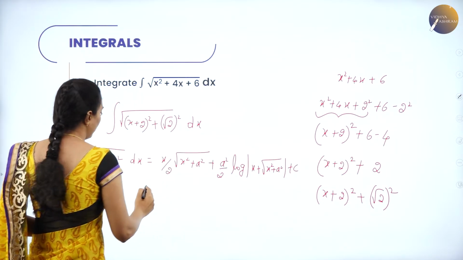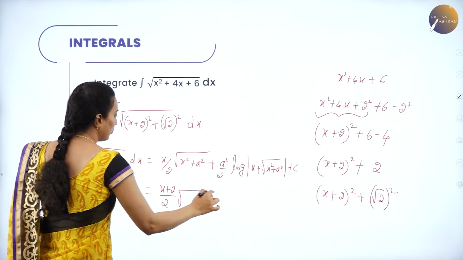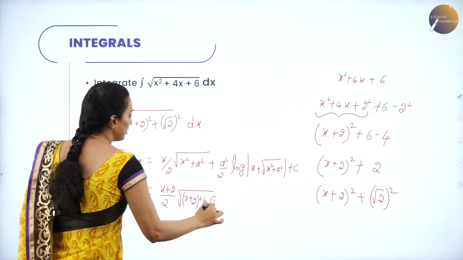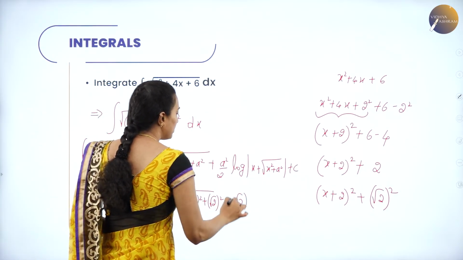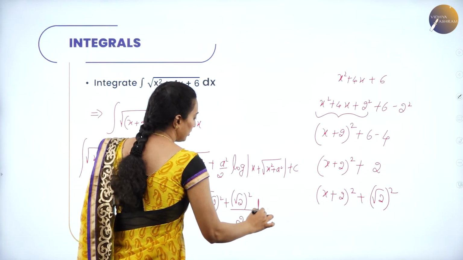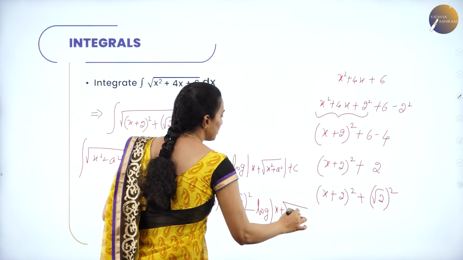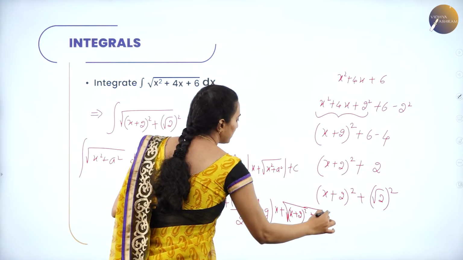So which implies x plus 2 divided by 2 under the root x plus 2 whole squared plus root 2 whole squared, plus root 2 whole squared divided by 2 log of modulus of x plus 2 plus under the root of x plus 2 whole squared plus root 2 whole squared, plus c.